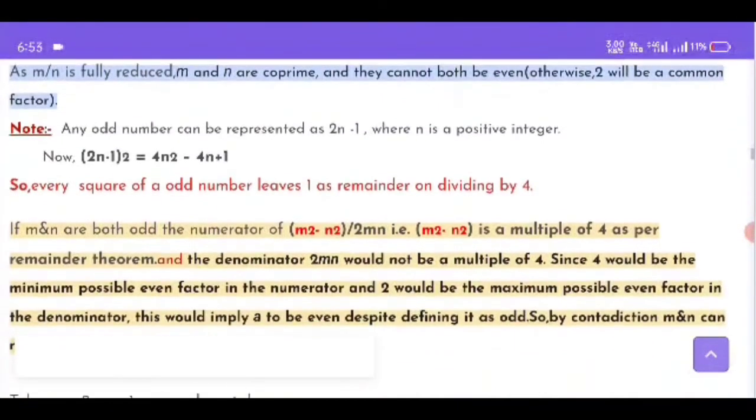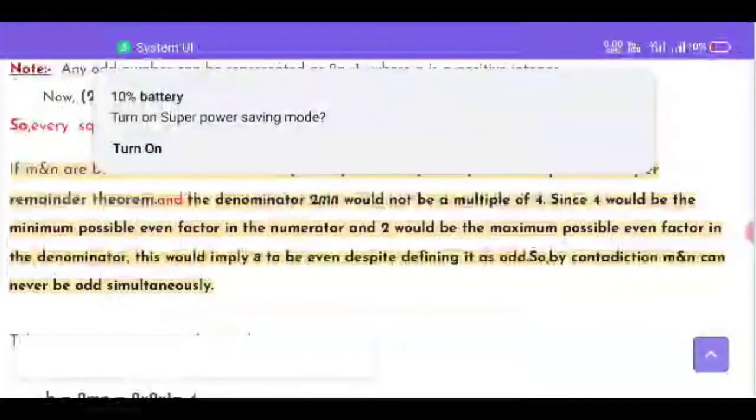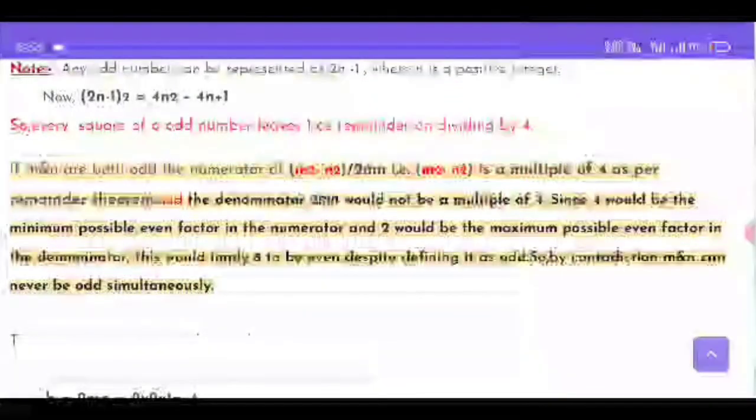If m and n are both odd, the numerator of (m square minus n square) by 2mn, that is m square minus n square, is a multiple of 4 as per the remainder theorem, and the denominator 2mn would not be a multiple of 4, since 4 would be the minimum possible even factor in the numerator and 2 would be the maximum possible even factor in the denominator. This would imply a to be even, because 2 is left in the numerator side, despite defining it as odd. So by contradiction, m and n can never be odd simultaneously.